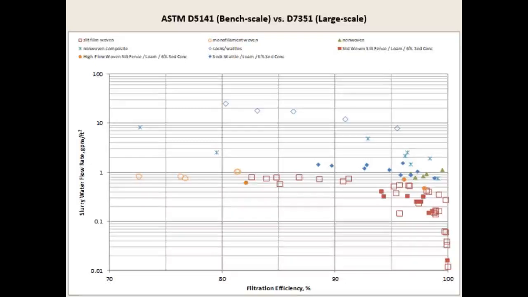This makes sense when it is considered that D7351 testing is done with a higher sediment concentration, 6% versus the 0.3% sediment concentration in D5141, providing much more sediment to deposit on and in front of the device, enhancing removal, but reducing seepage.